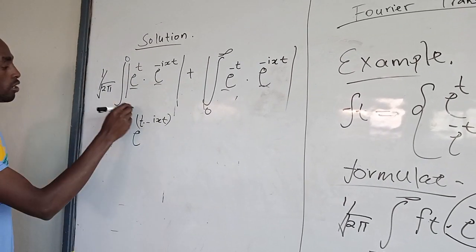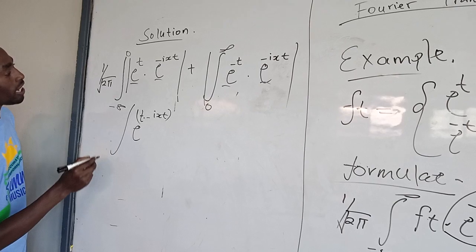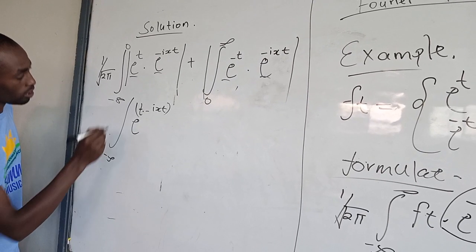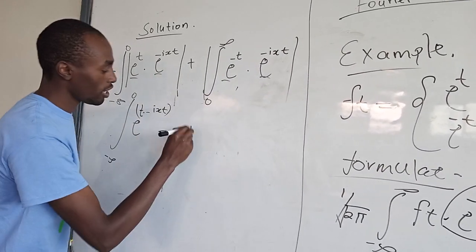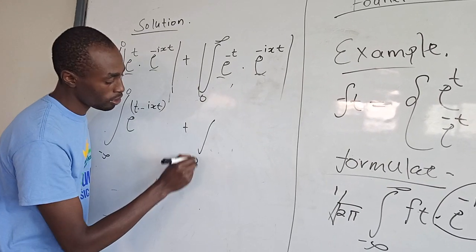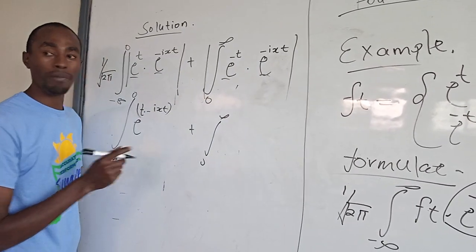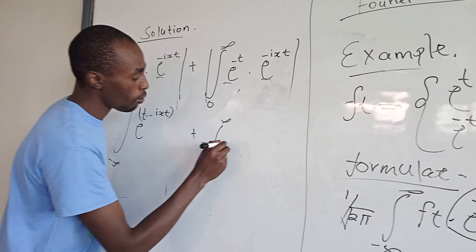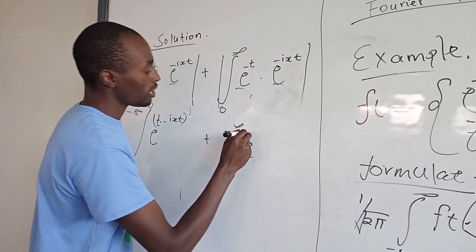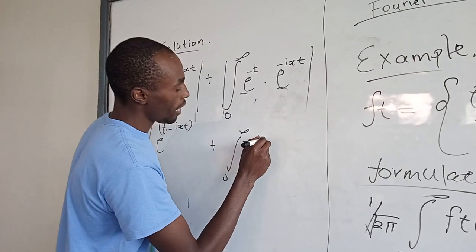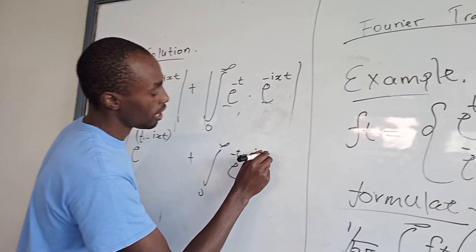That is the first one. Remember, we are still integrating from negative infinity to 0. Then the next one, you are going to integrate from 0 to infinity. Do the same, having a common base. That is negative t minus ixt.